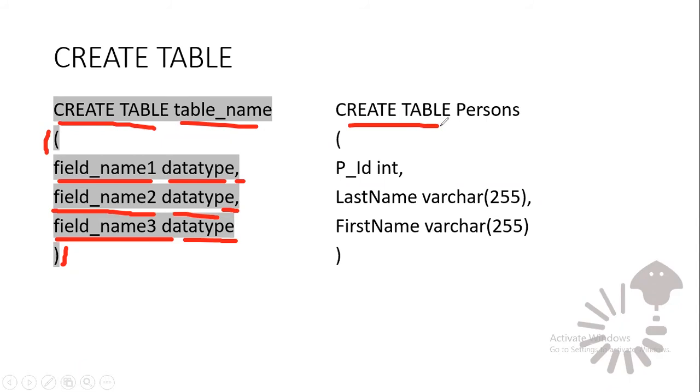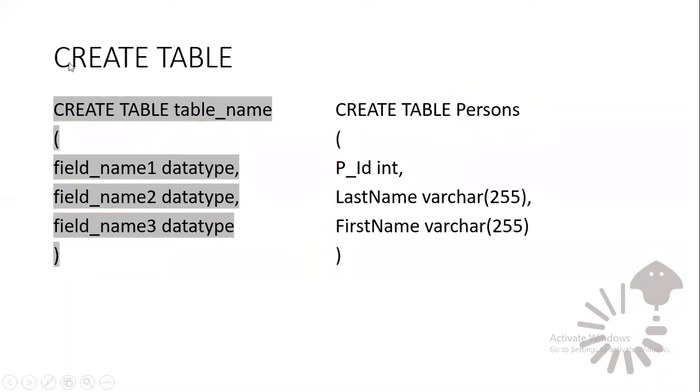Example here, create table. Gawa daw ako ng table persons. Ang fields ko, PID integer, last name character, first name character. So that, pagka execute nito, madadagdagan yung table ko. Wala pang laman kasi wala naman tayong value. Table lang. Raw table pa lang siya. So that is create table.